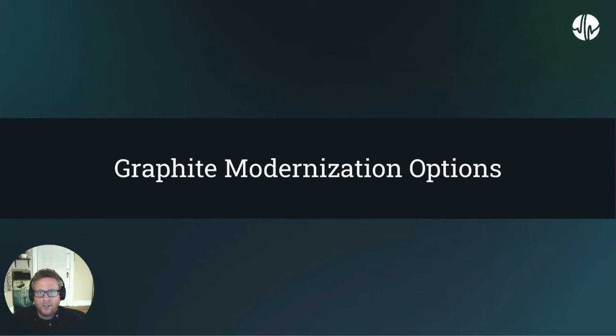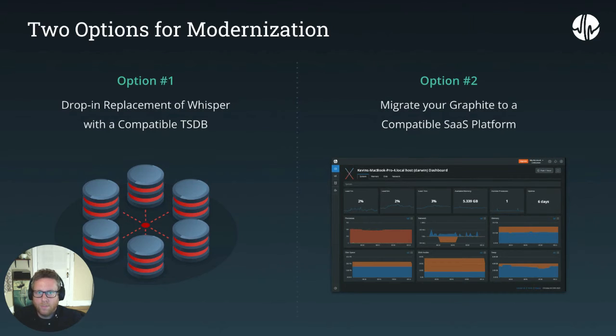Given these challenges, there are two natural options through which to modernize your Graphite stack. The first one, shown on the left, is to replace the Whisper database with another database, ideally something performant and modern, which supports data replication and indexing for data safety and performant querying.